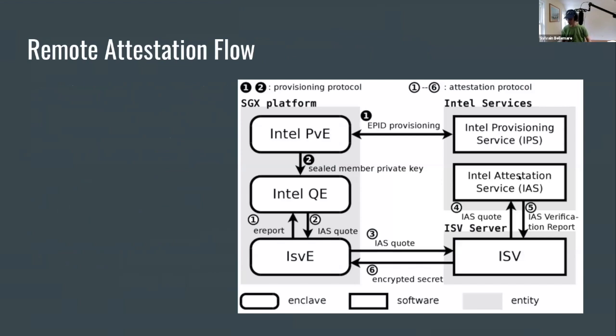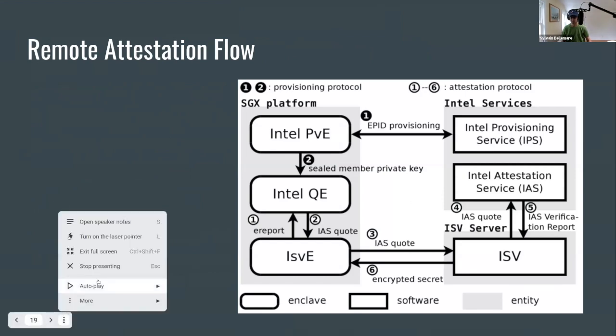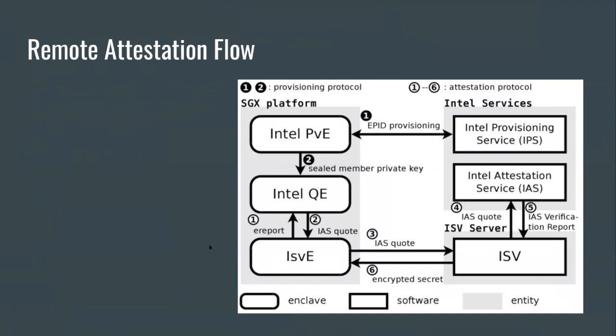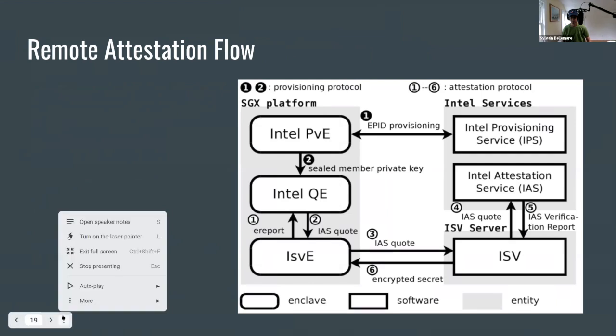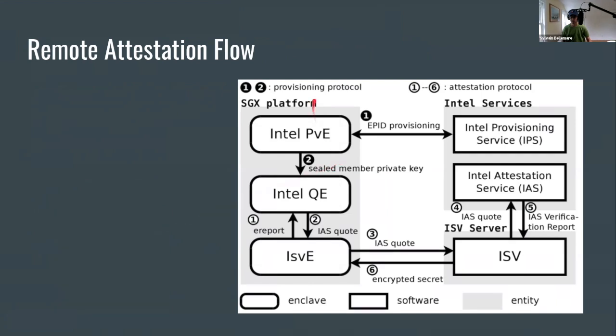I think I will skip most of this, but the main thing: you have the SGX platform, then you have the Intel services. Here we were focusing on, I skipped the provisioning service, but the main thing I was focusing on is this attestation service.